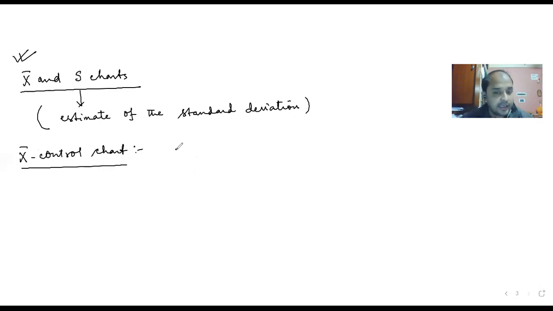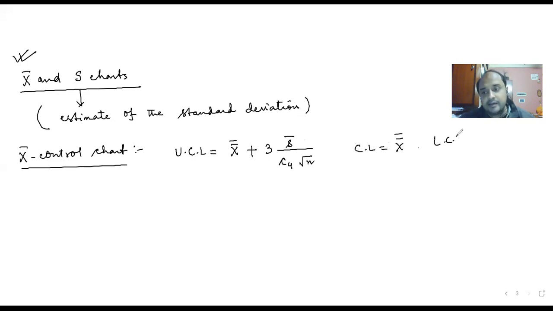So here UCL becomes X bar bar plus 3 S bar, C4 is the tabulated value, CL becomes your X bar bar, and LCL is the same thing minus that: 3 into S bar by C4 into root n.